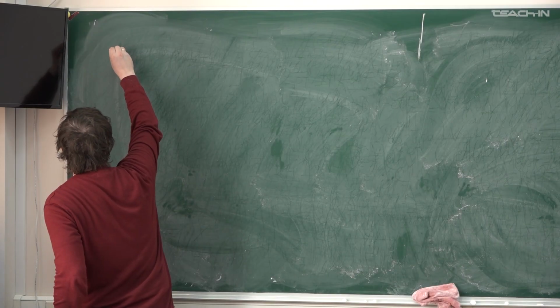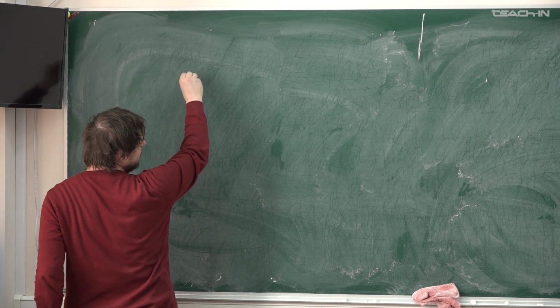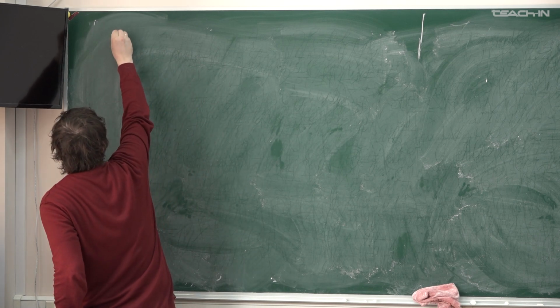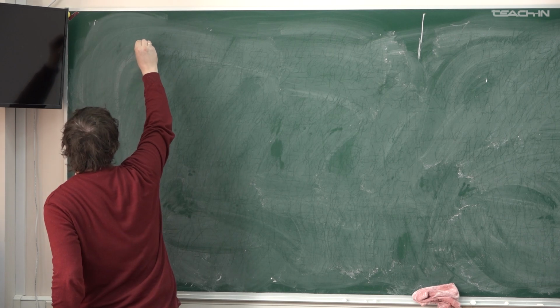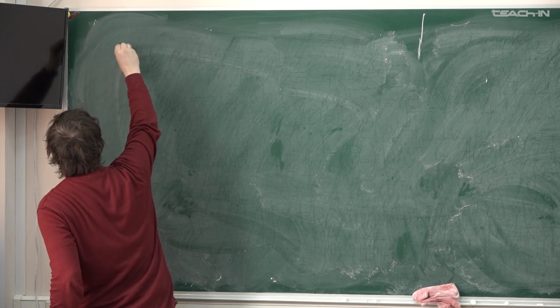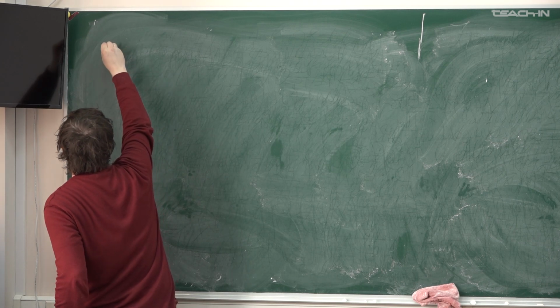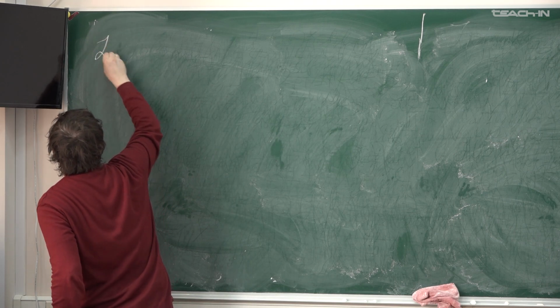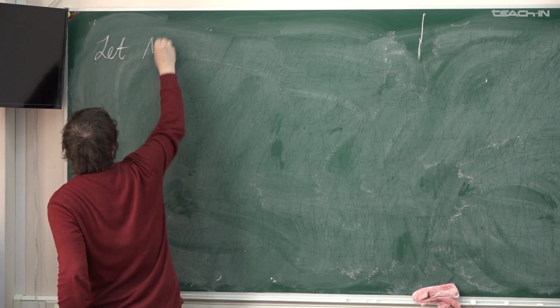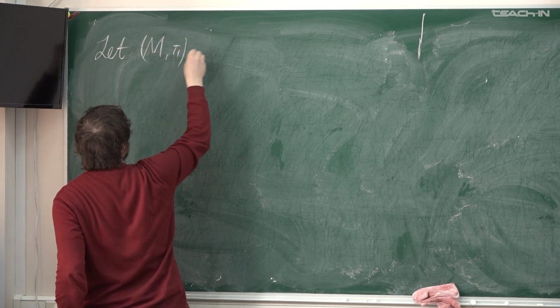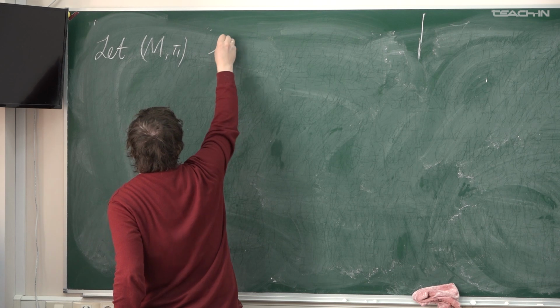Now let me formulate the deformation-quantization problem for a Poisson manifold. It is an easy thing, but I think it is worth having it stated explicitly at a certain moment. Let (M, pi) be a Poisson manifold.